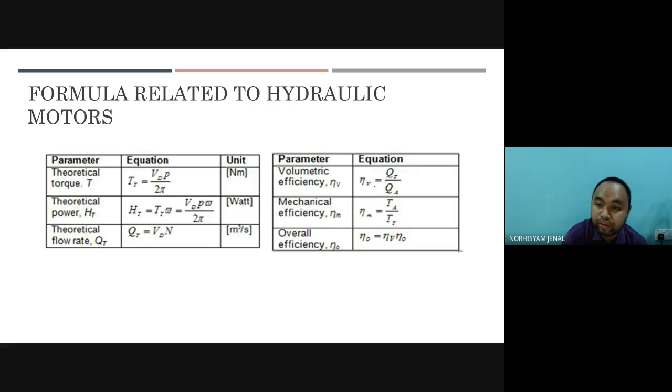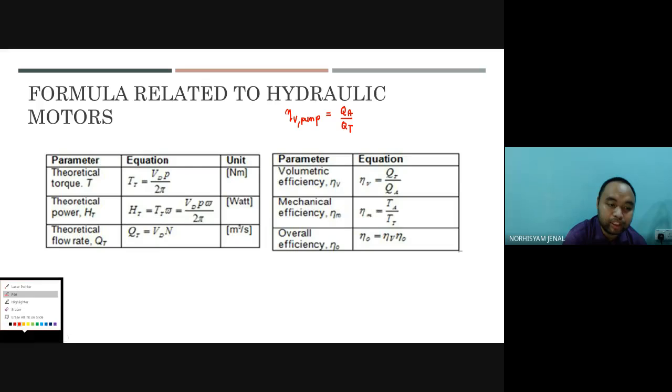Let me do it this way. Volumetric efficiency for a pump is equal to QA divided by QT. However, for a motor it is QT divided by QA. Please make sure you highlight this in your notes because it is the other way around.